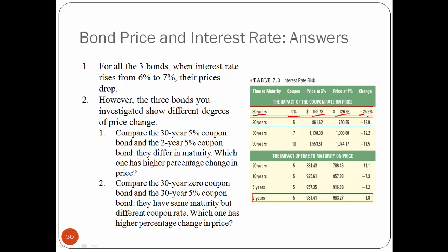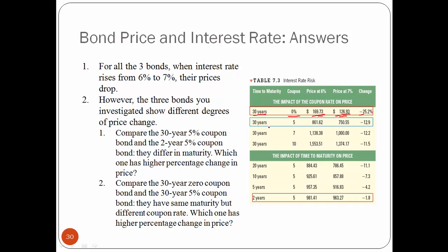And percentage-wise, you have about a 25% change, which is the difference between these two numbers divided by 169.73. You will get a percentage change, which is 25.2%. We use negative because it's a decrease.